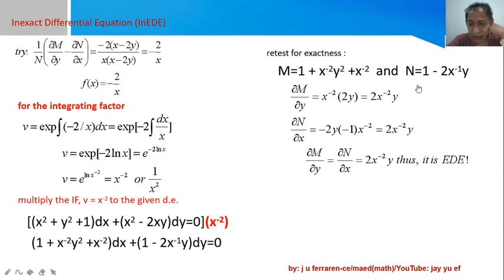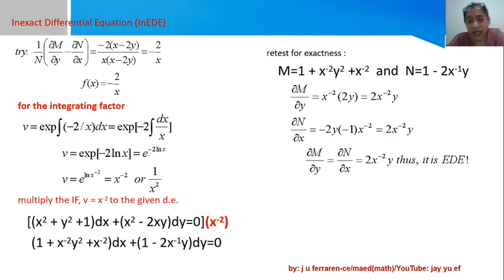Under the power rule, the minus 2y is a constant factor. So x to the power minus 1, I subtract 1 from the power, so I have minus 2 as the new power. This is equivalent to 2x to the power minus 2 y, they are the same. So I can conclude that the new differential equation is now exact.